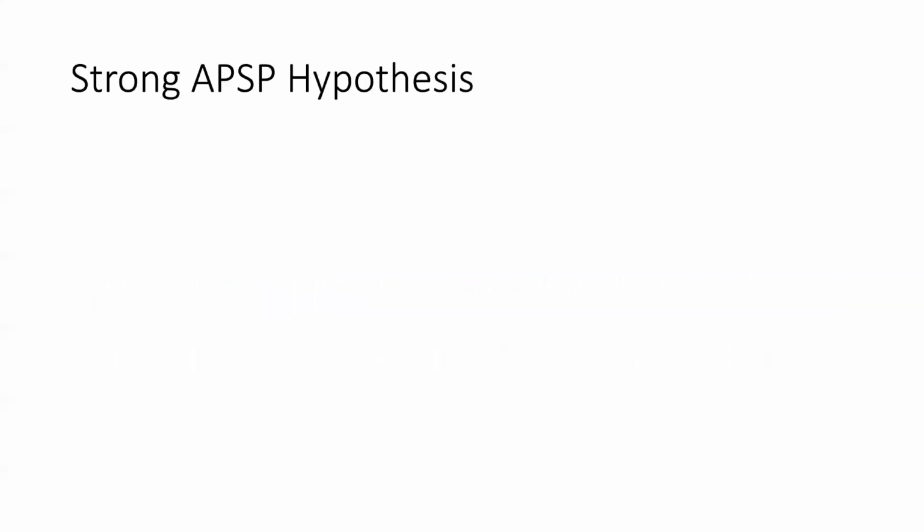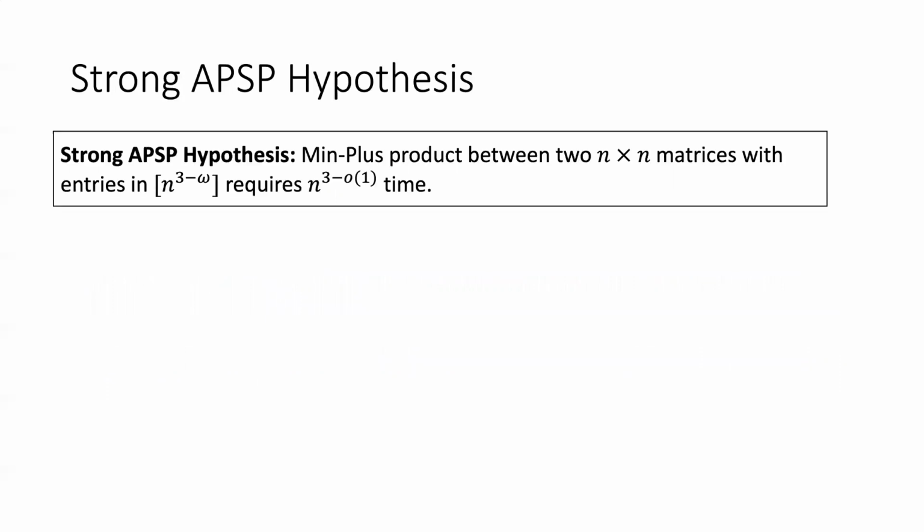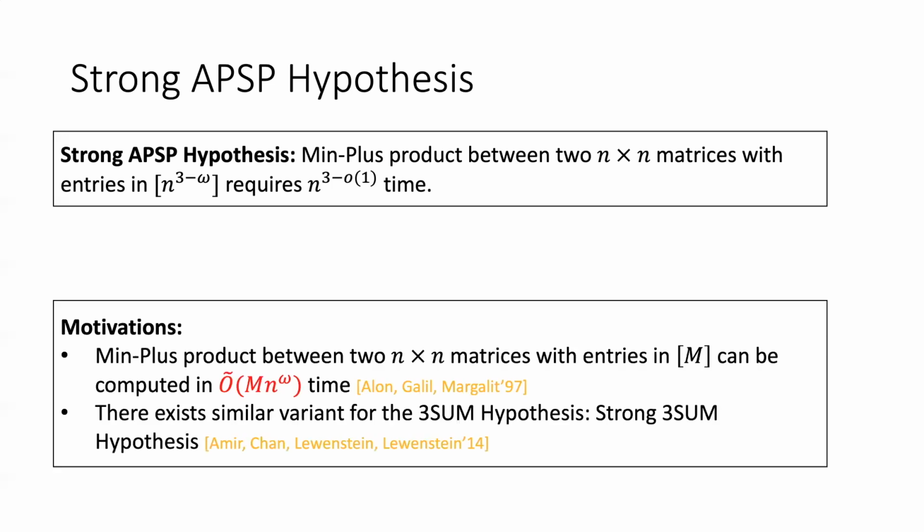To answer these open problems, we devise the following strong APSP hypothesis. It says that min-plus product between two n by n matrices with entries that are positive integers bounded by n to the 3 minus omega requires essentially n cubed time. And we have the following motivations for this hypothesis.